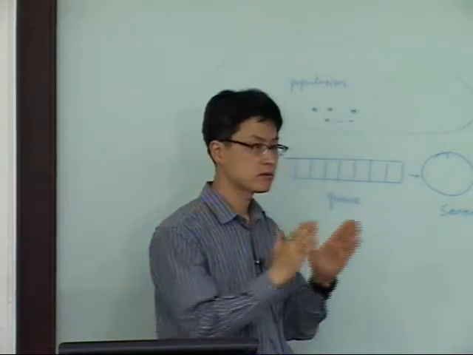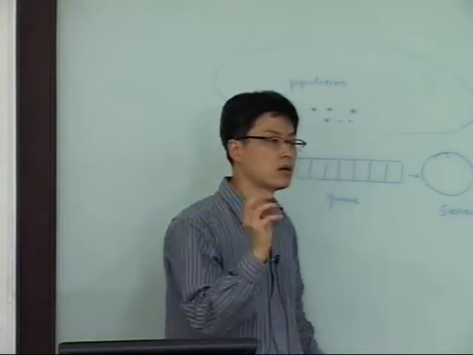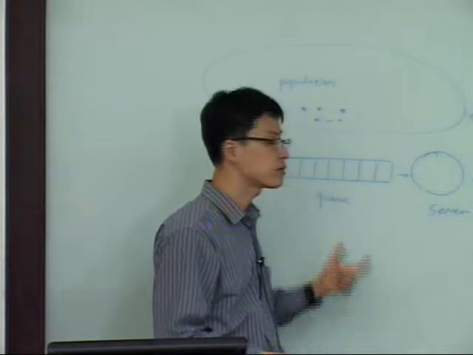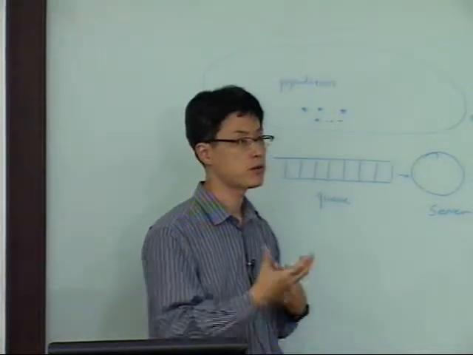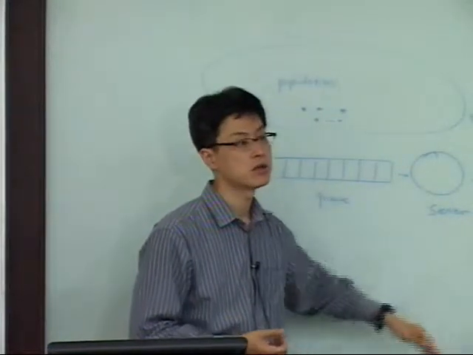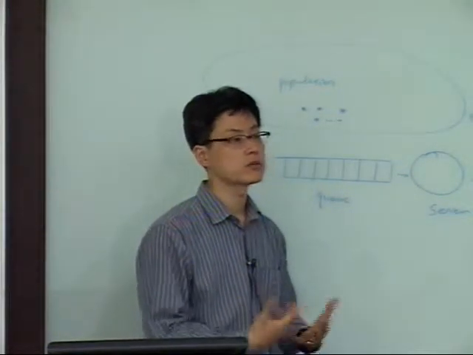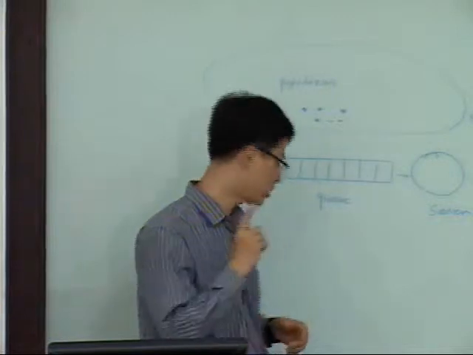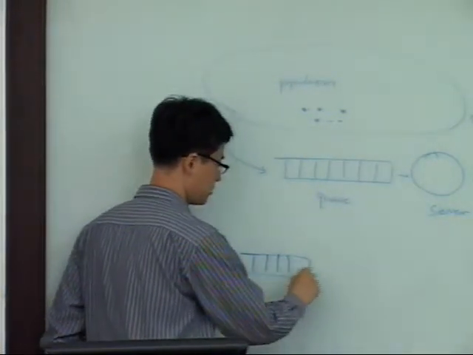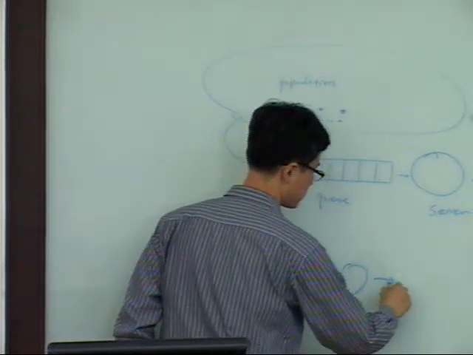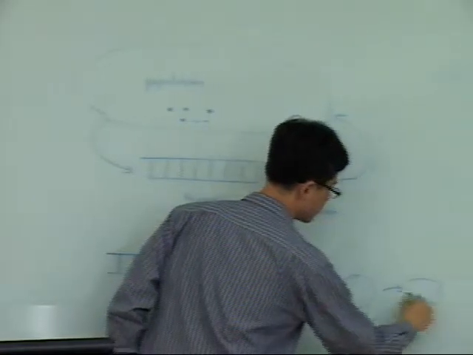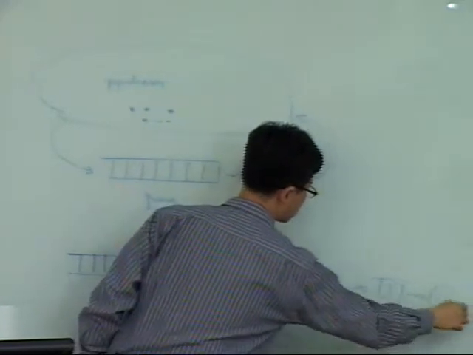By manipulating the size of the population, the number of queues, the number of servers and parallel servers, you can solve a variety of problems. Or this one could also happen: queue, server, queue, server.